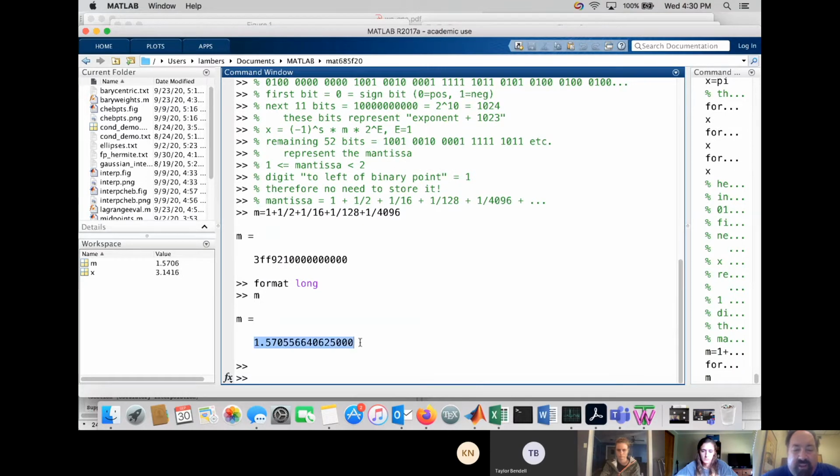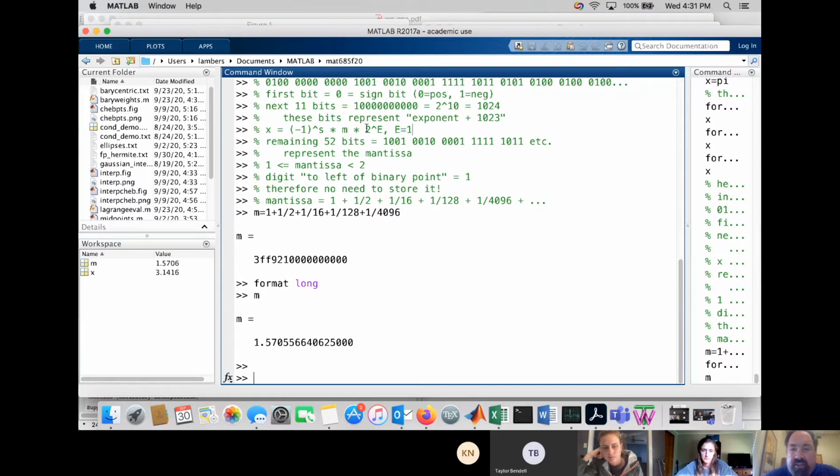What number does this appear to kind of look like? You might recognize at least the first few digits of this number. 1.57. Anyone? It's like half of pi. Yeah, which makes sense because the mantissa would be pi over 2 because the exponent is 1.